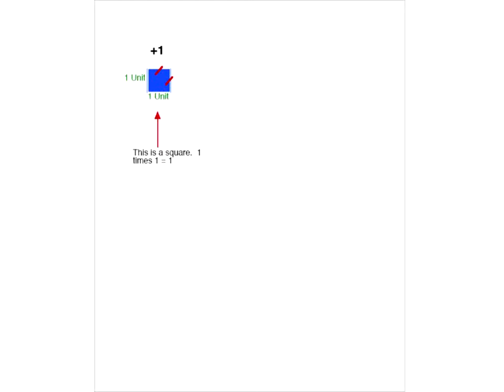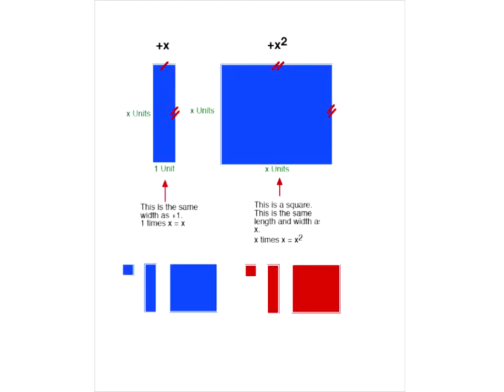Okay, so now we're going to get into why each one of these shapes makes sense. So why is this one plus 1? Because it's really like 1 times 1. Length and width of 1, and that's why this equals 1. Okay, so if we think about why this is x, if this width here is 1, it's the same width that we would have had if it was a small square.